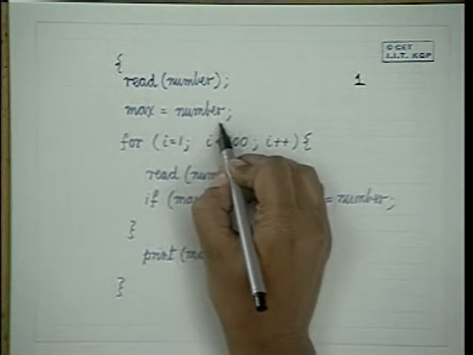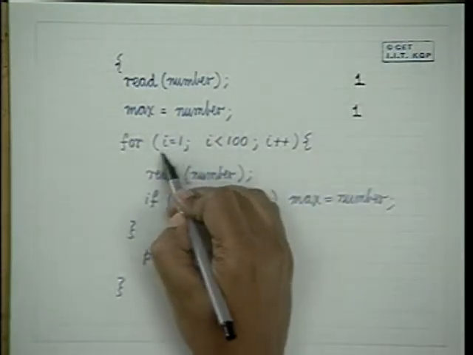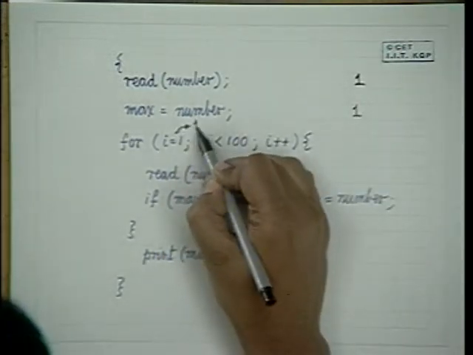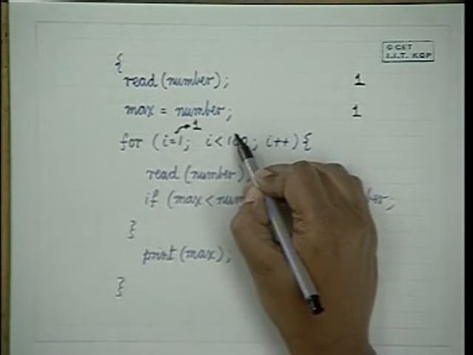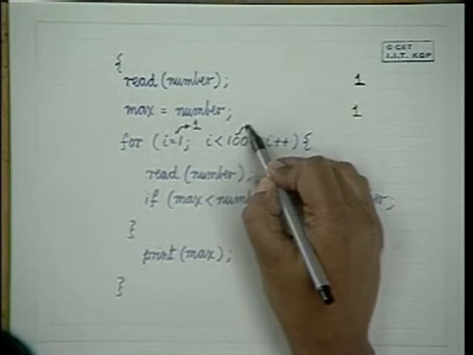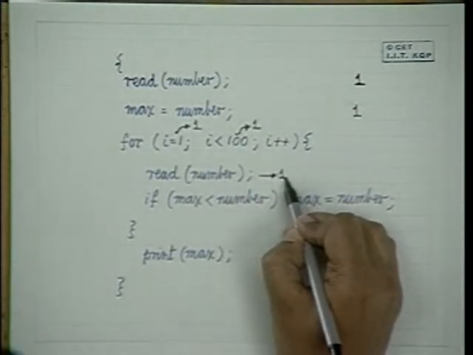This is an assignment statement which again takes 1 unit of time. This statement will be executed once, so this will take 1 unit of time. This statement will be executed once when we go in, say 1 unit of time. Then this will take 1 unit of time.